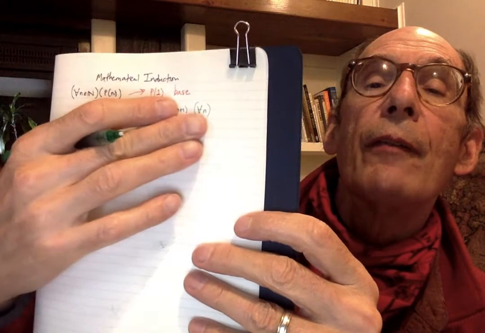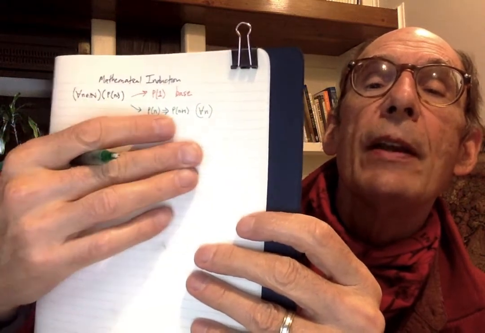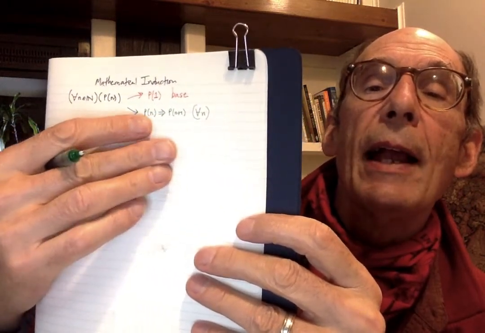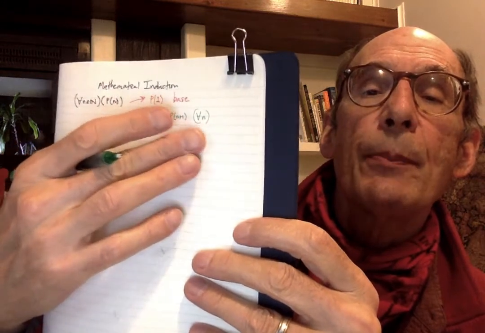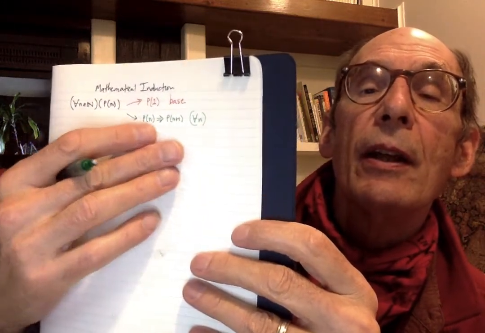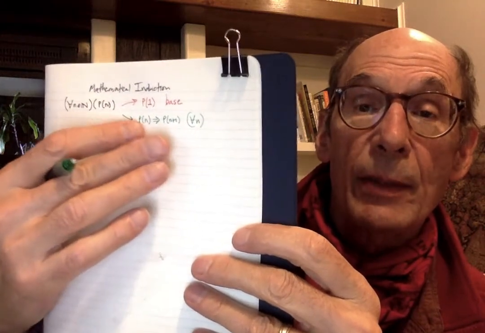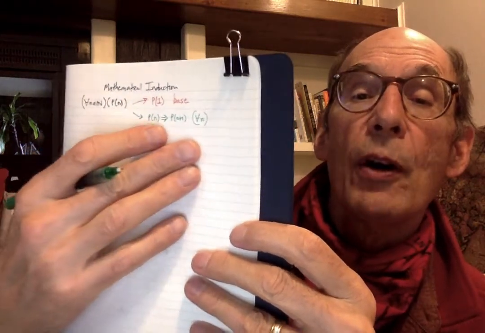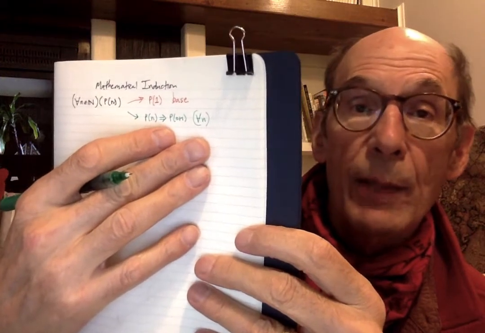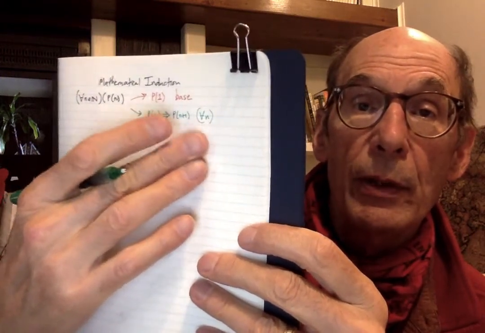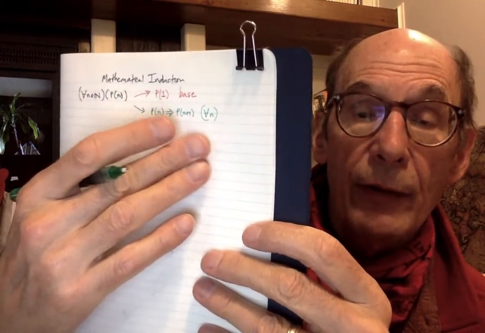And then for every n, P of n implies P of n plus 1. And some people would skip the for every here because it's implicit anytime you have implication that it's every time this happens. But it's much more clear to you and to people who are reading your work if you include this quantifier for every n. So let's make sure that we do it.